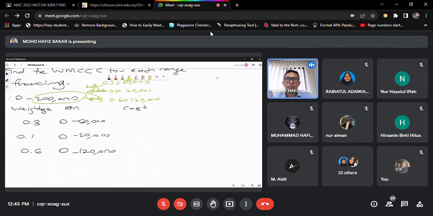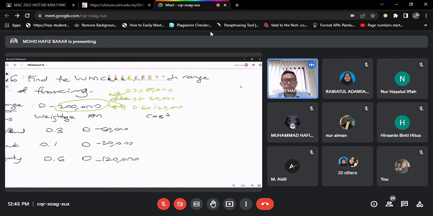So kita jot down the cost for bond will be, saya refer table number 2, 10.5%, 11.46%, and the last one will be 12%.